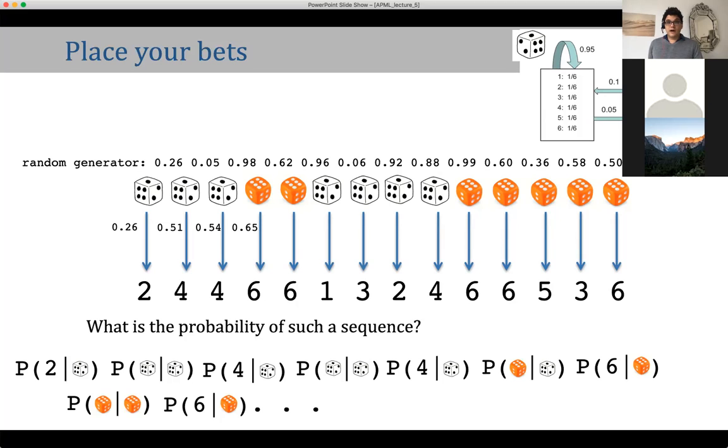This factorizes, because of the structure of the dependency we put, in a way which is similar to the Markov models, except that we do that in 2 steps. We move in the hidden process, and every time we fix what we see in the hidden process, we compute the probability of generating the data.